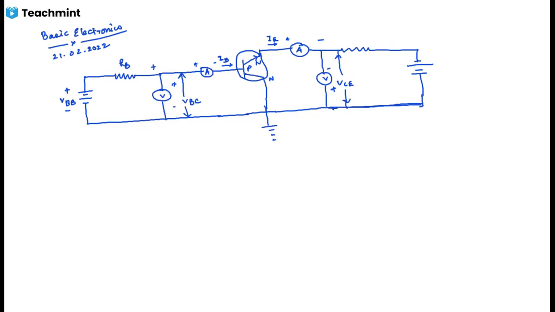This is RE. This is minus. This is plus. This is VEE. And this is the collector current, IC.